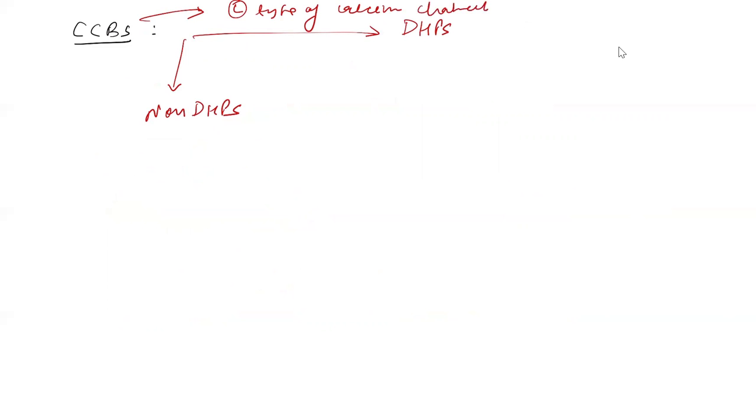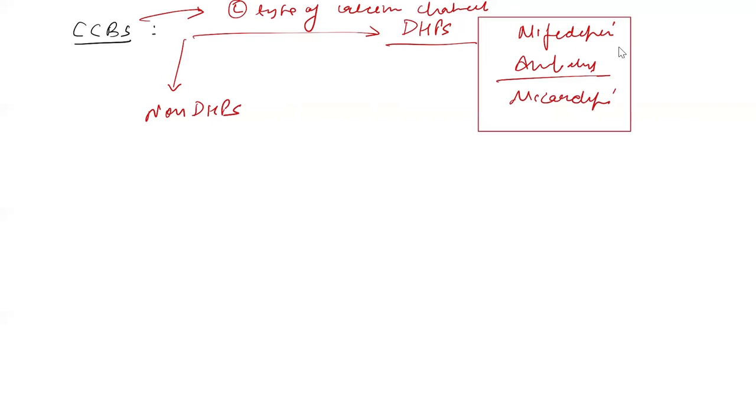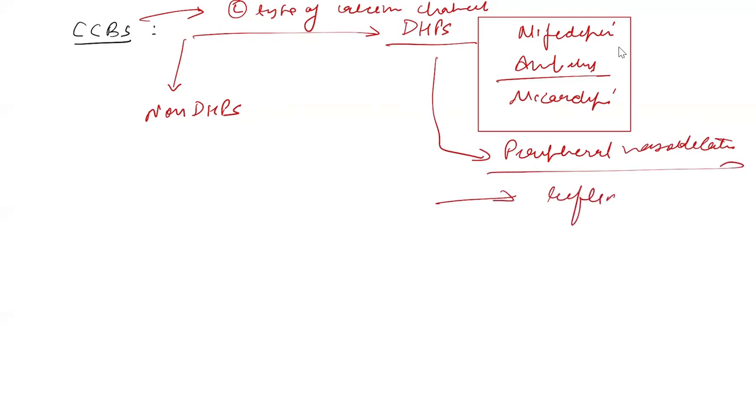In DHPs, examples are nifedipine, amlodipine, nicardipine. These agents are more active peripherally, so they lead to peripheral vasodilation, which in turn leads to reflex tachycardia. These agents are preferred in hypertension as they lead to peripheral vasodilation.